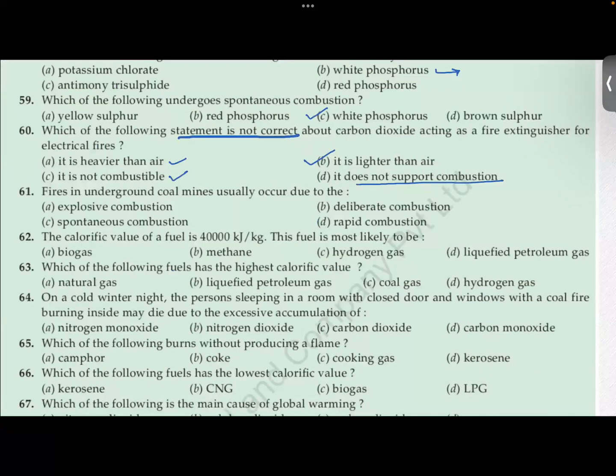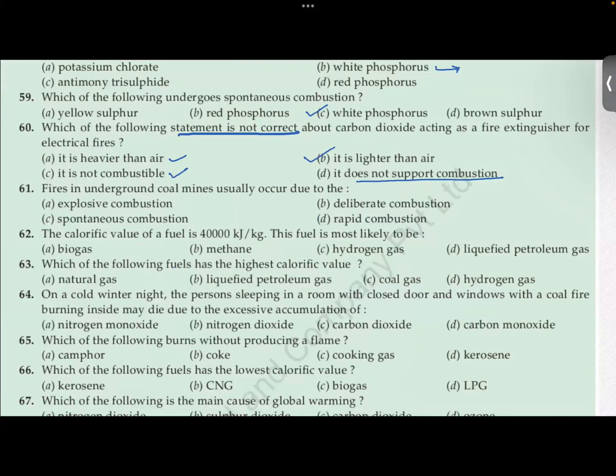Fires in underground coal mines usually occur due to... rapid combustion? No, look, there are two types of combustion. One will be explosive combustion. No, that is also not the answer.